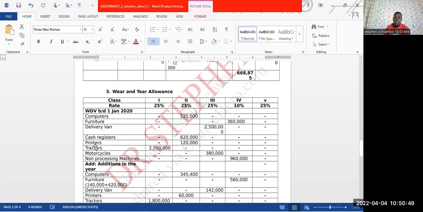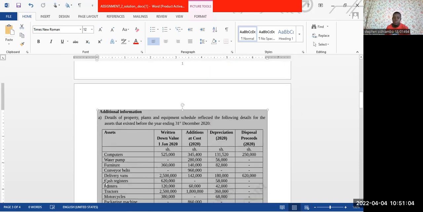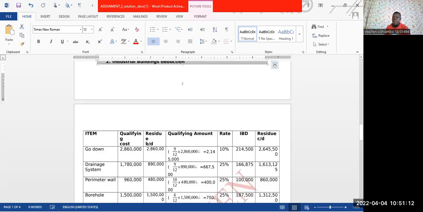So we have car, register, printer, tractors, motor vehicle. All these are working down value brought down on January, and they are just in our information there. Like motorcycles, for confirmation, it is here. You just bring it down as wear and tear allowances, things that get into use.